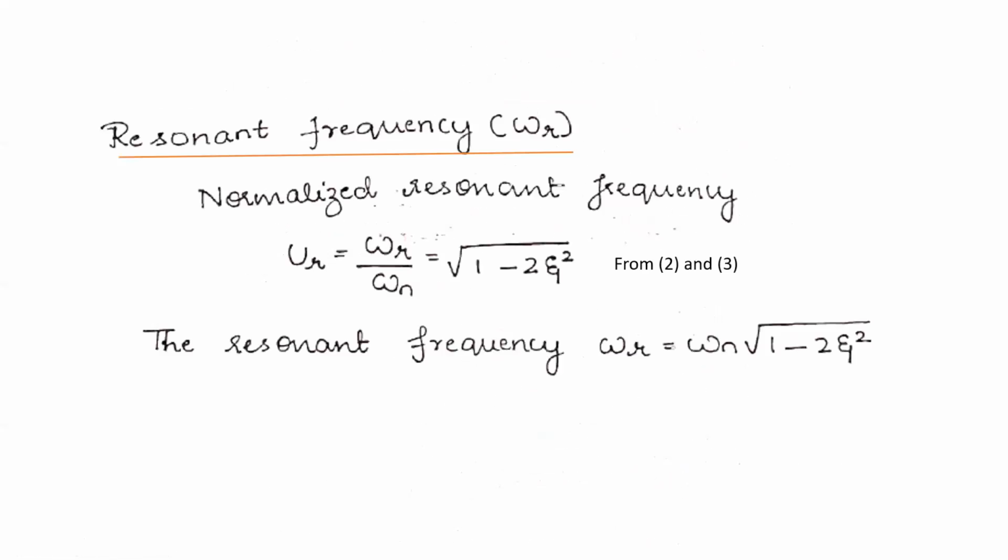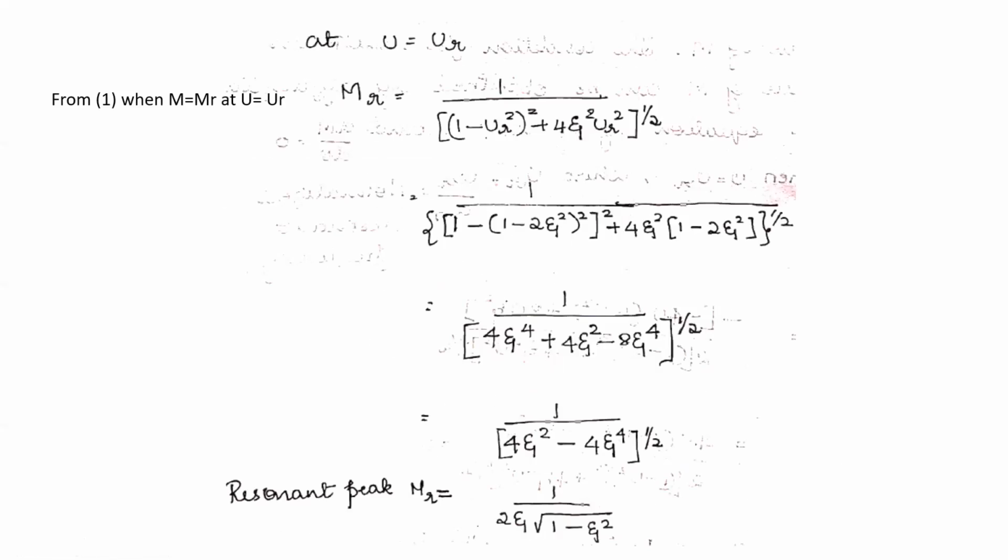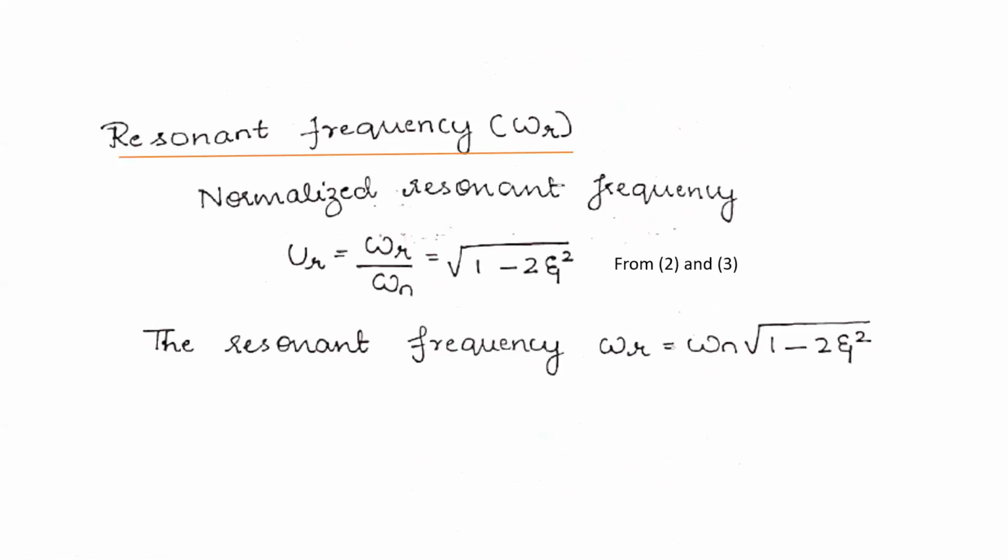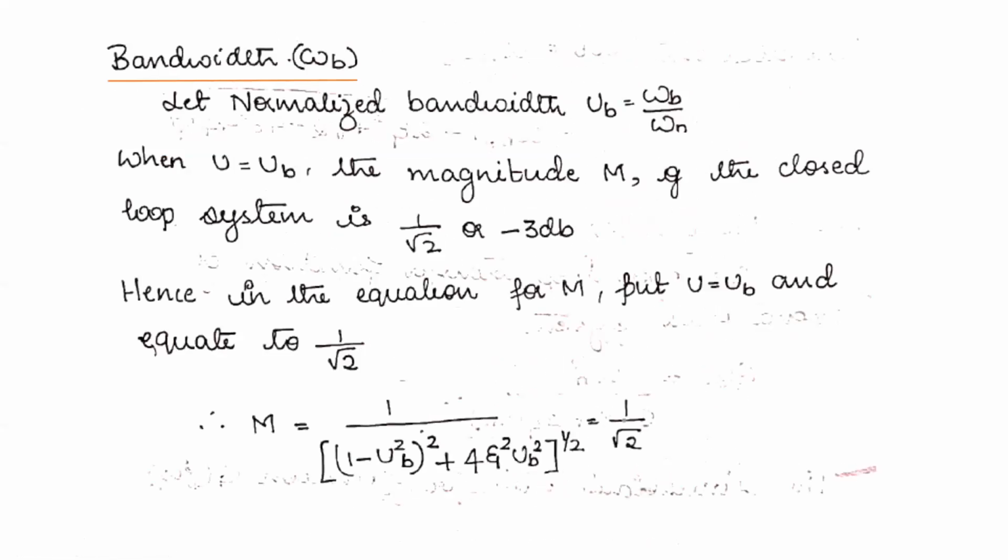So now next is the resonant frequency. We got ur. This is the third equation. Ur is root of 1 minus 2 zeta square. So this is the normalized resonant frequency, which is omega r divided by omega n. Therefore the resonant frequency omega r is omega n into root of 1 minus 2 zeta square.